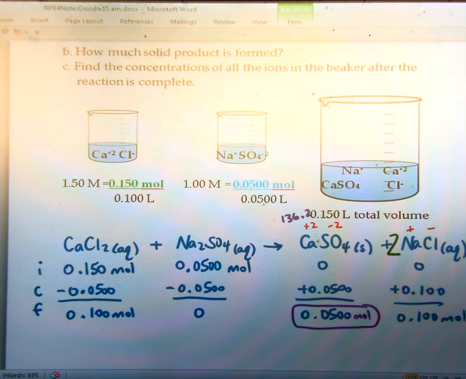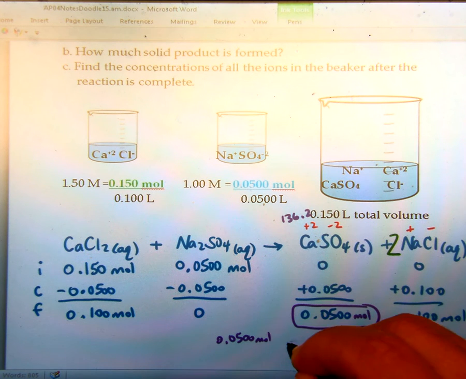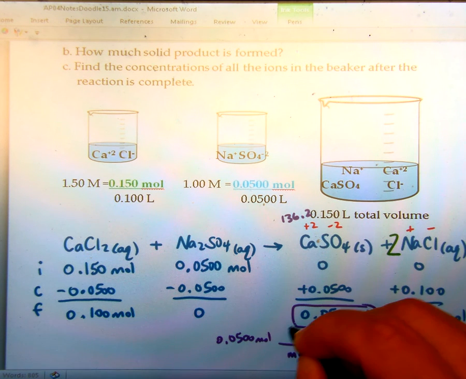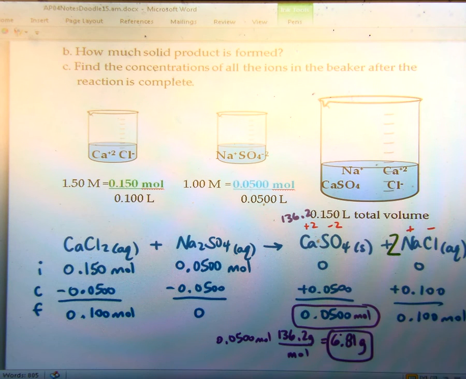So if you multiply that by 0.05, you will find out that that's 6.81 grams. Because we took 0.0500 moles and converted moles into grams. And that's going to give you the grams.